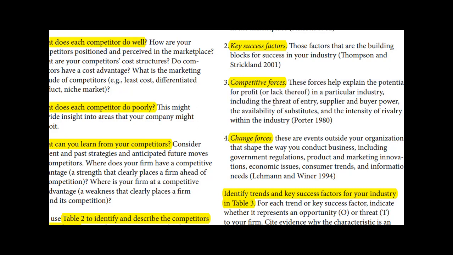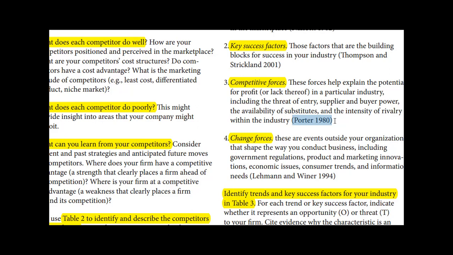They include threat of entry, supplier and buyer power, and intensity of rivalry and substitutes. These competitive forces are taken from the framework of Michael Porter, where he explains the Porter five forces model.